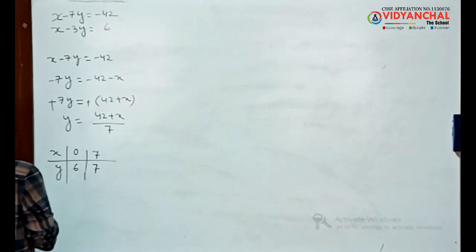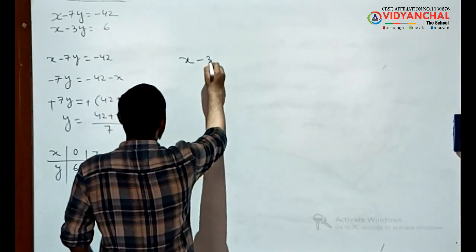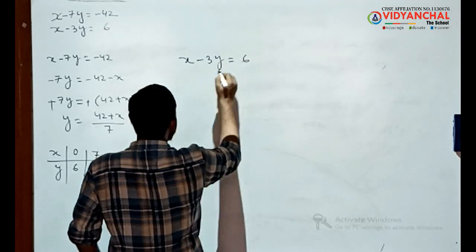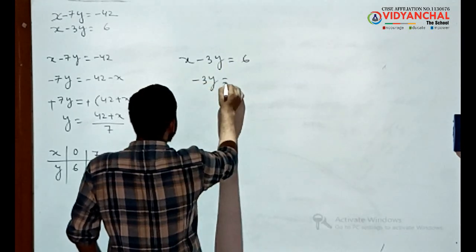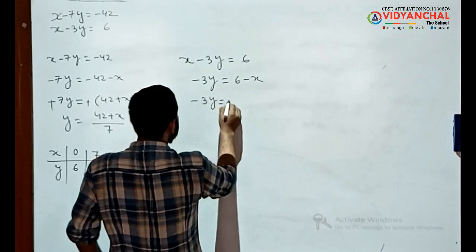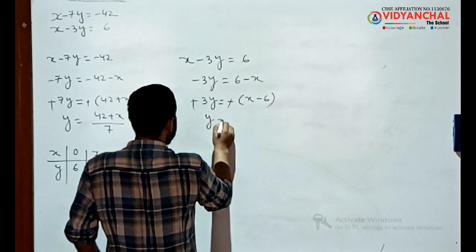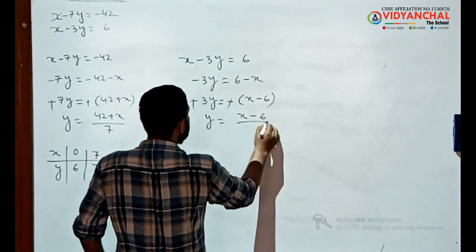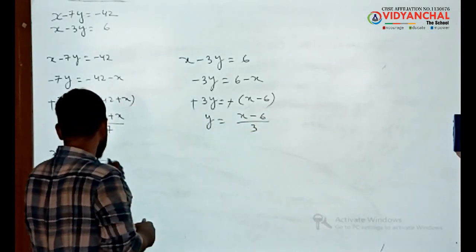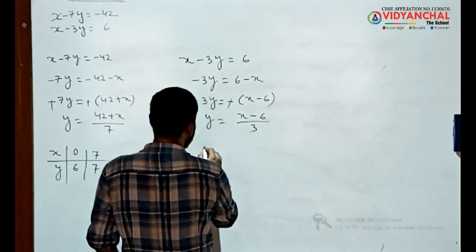Now the second equation, x minus 3y equals 6. So minus 3y equals 6 minus x, so minus 3y equals minus x minus 6. So y equals x minus 6 upon 3.